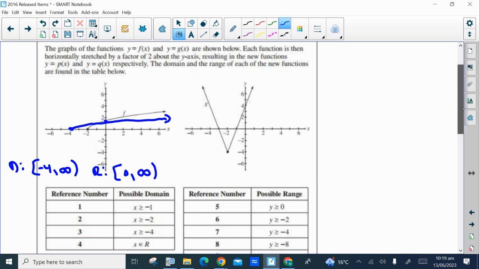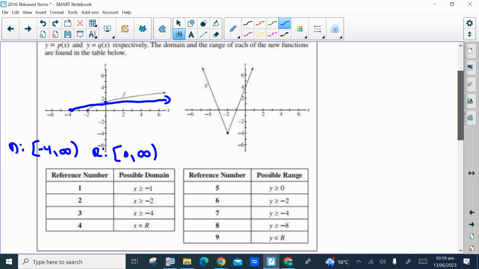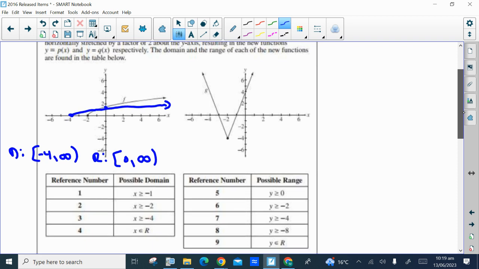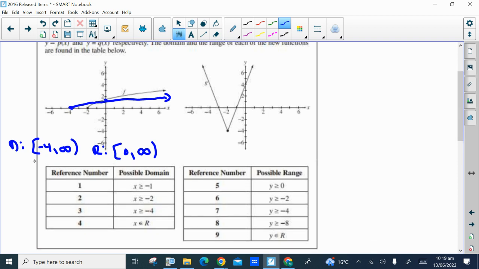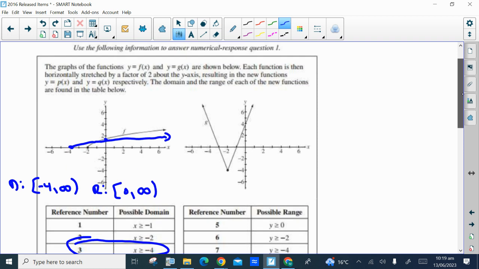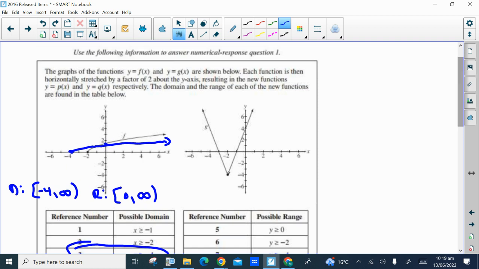Okay? So for the first one, we just want to know the domain of this graph, which will be x is greater than or equal to -4. And then for the second one, we want the range. Well, if we horizontally stretch that by 2, again, that point will go from -2 to -4.